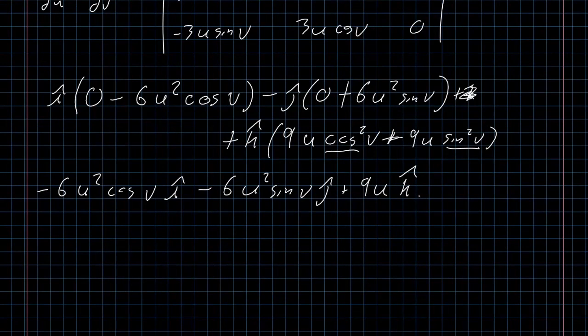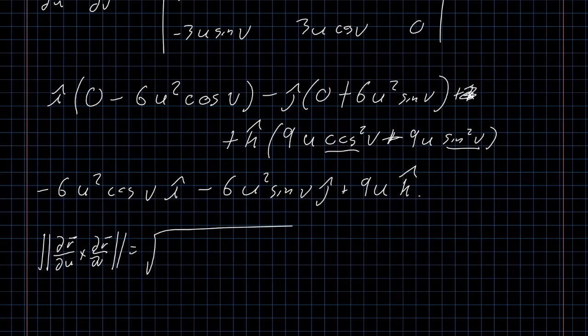Continuing onward, we're not interested in just this cross product. We actually want the magnitude. So we want to take the square root of the sum of squares of components here.